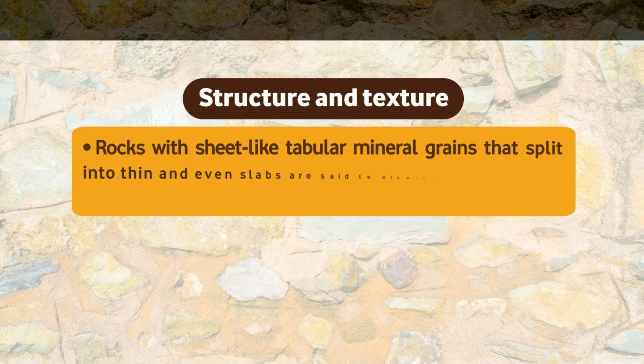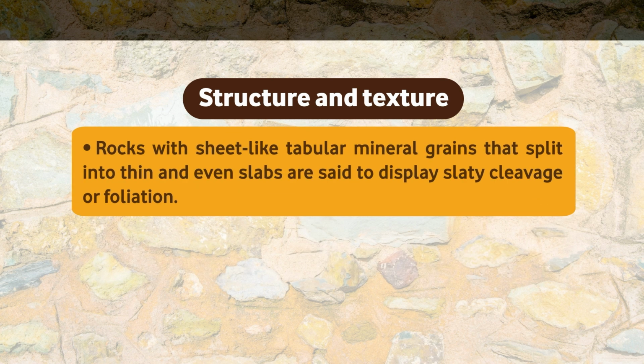Rocks with sheet-like tabular mineral grains that split into thin and even slabs are said to display slaty cleavage or foliation. Common examples of such minerals are usually the phyllosilicate group of minerals. The phyllosilicate group includes the mica group, chlorite group, clay minerals and so on.